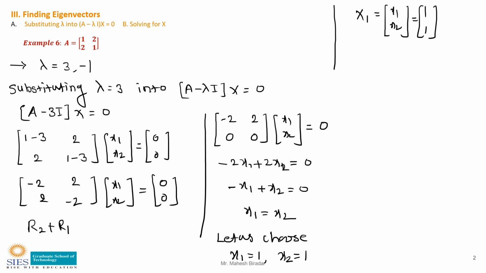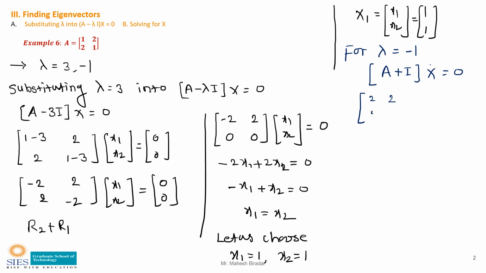Now we will continue for lambda is equal to minus 1. For lambda equal to minus 1, this equation becomes (A plus I) into x is equal to 0. It means from diagonal elements you need to add 1.